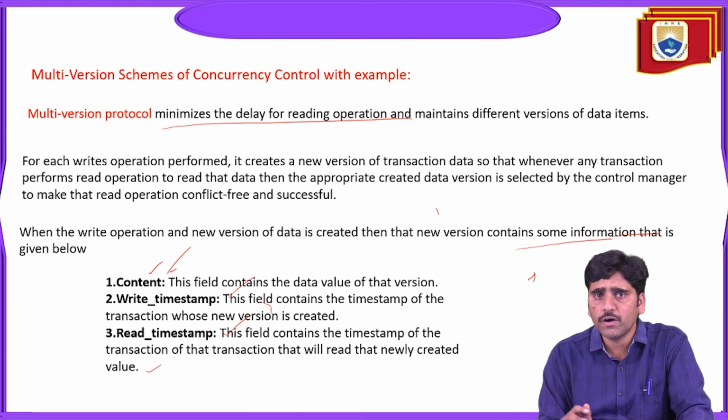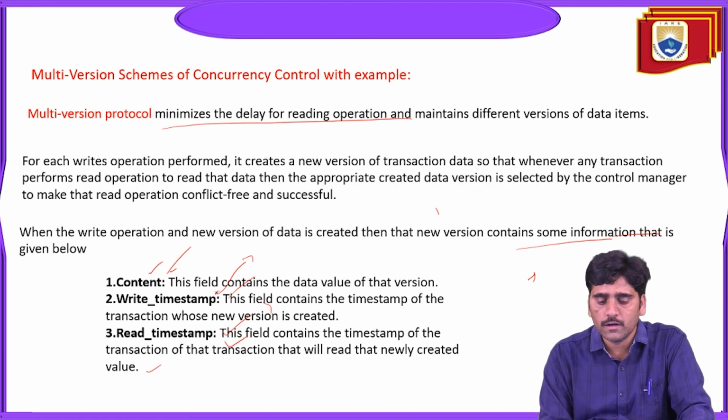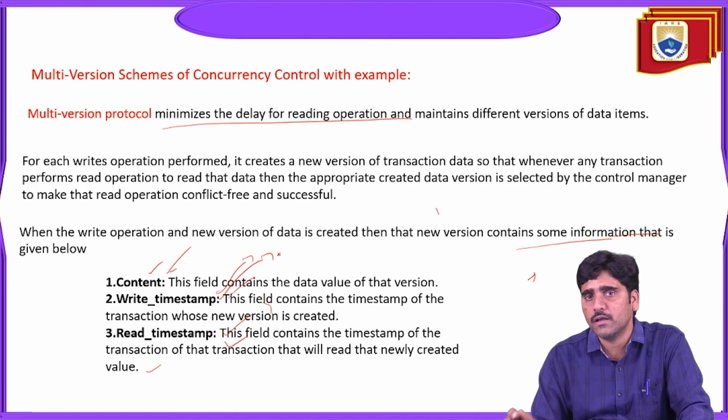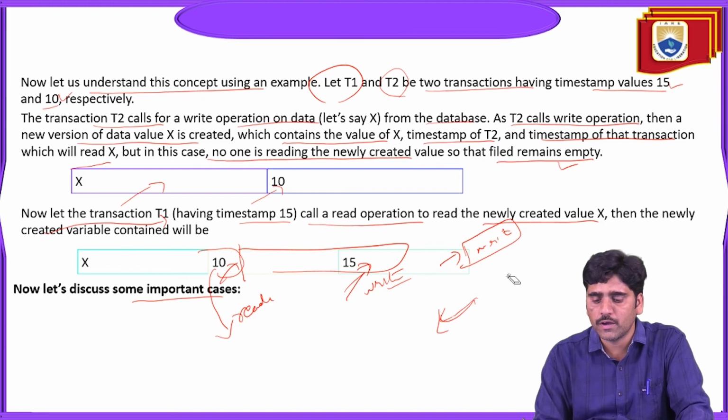All the readable transactions are stored in the read timestamp, and all the writable transactions are stored in the write timestamp, so that whenever a transaction is executed and it performs a write operation, the write timestamp is updated. That is how we update all the values here.